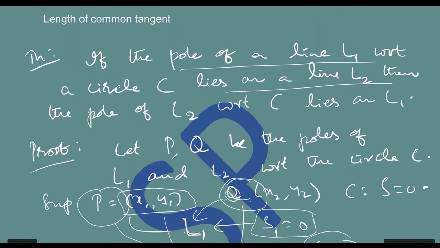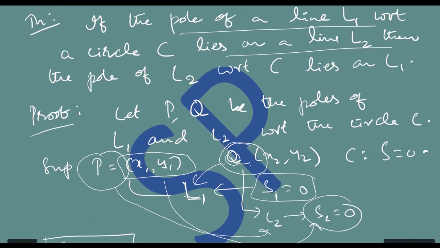Because we proved that if the pole of L1 lies on L2, then the pole of L2 automatically lies on L1. So next time if we want to prove that two lines are conjugate, it is enough if we show either the pole of L1 lies on L2 or the pole of L2 lies on L1.